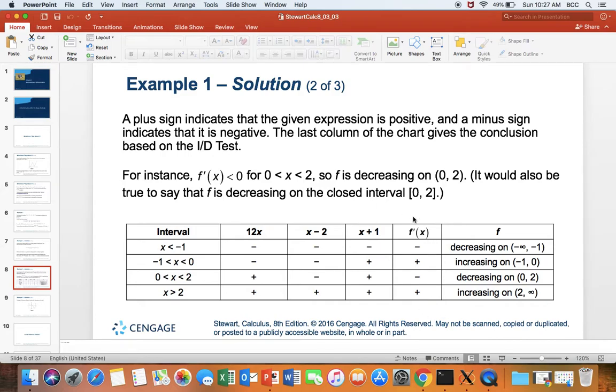So this is how you determine the sign of f prime. Where f prime is negative, f is decreasing. Where f prime is positive, f is increasing. Decreasing, increasing. That's how you address this.